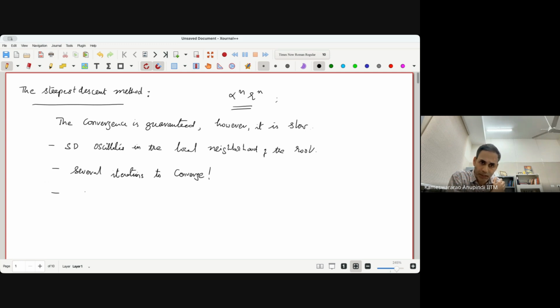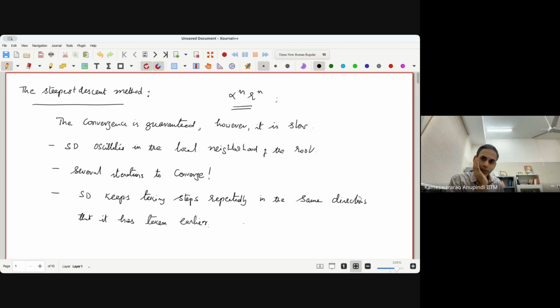What happens is that the steepest descent method keeps taking steps repeatedly in the same directions that it has taken earlier. What does it mean?